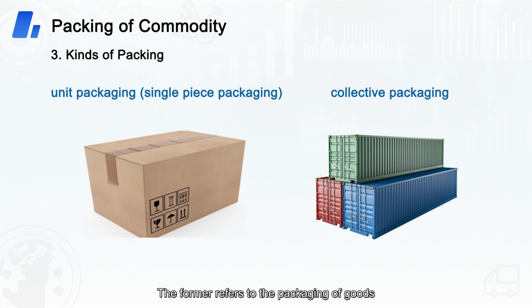The former refers to the packaging of goods as a single unit during transportation. The latter refers to the combination of several single transport packages into a larger collection, so as to protect the goods more effectively, improve the loading and unloading efficiency, and save the transportation costs.